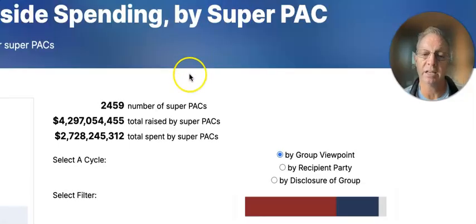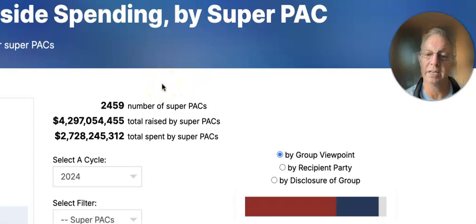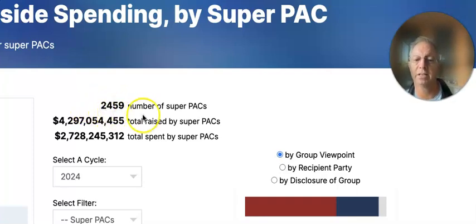Here you can see that the outside spending by Super PAC results is pretty amazing in terms of this election cycle. There were 2,400 different Super PACs registered by the FEC.